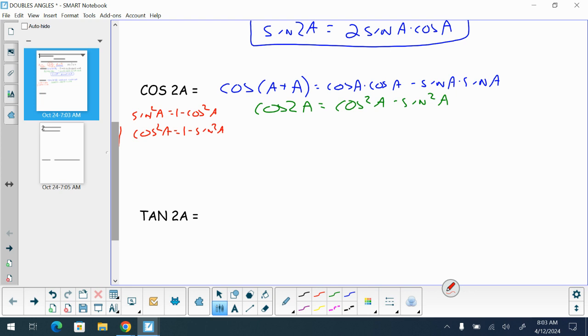My suggestion is you default to this. When you're finding the cosine of the double angle, go cosine squared minus sine squared. But you can also replace your cosine squared up here with 1 minus sine squared.